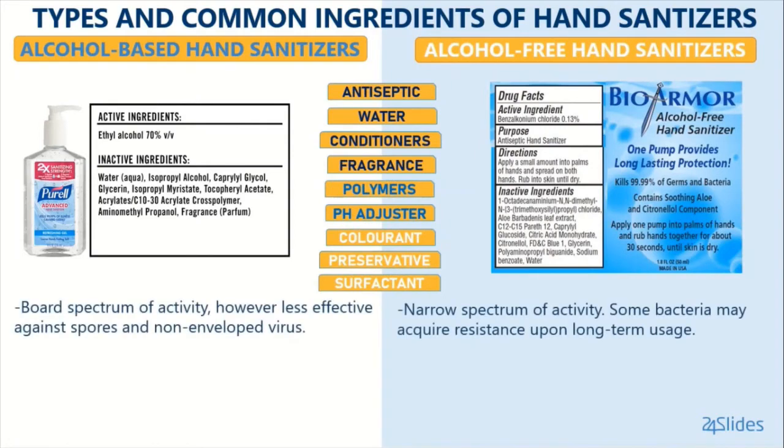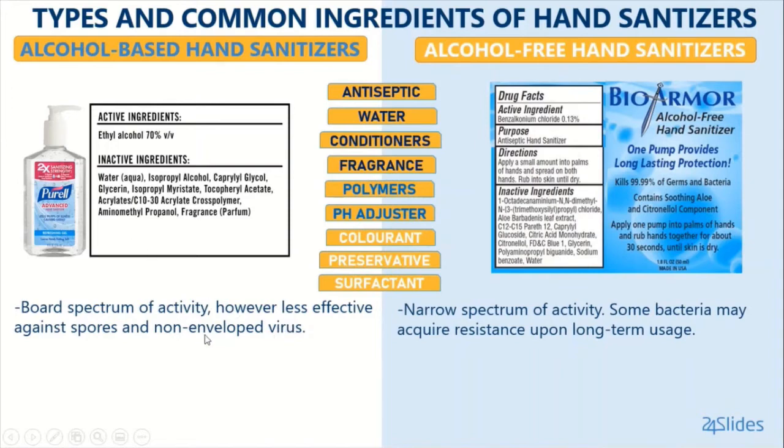And next, we'll compare the spectrum of activity between these two types of hand sanitizer. Alcohol-based hand sanitizer has a broader spectrum of activity, although alcohol might be less effective against certain spores and non-enveloped viruses. These spores can be overcome by adding hydrogen peroxide.